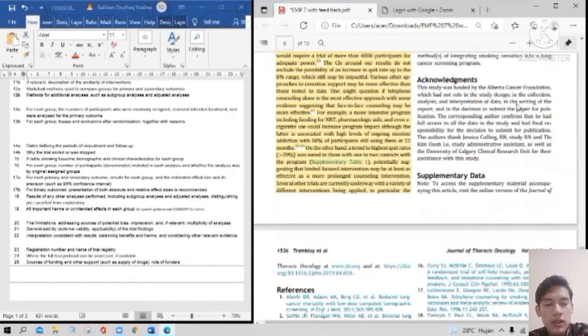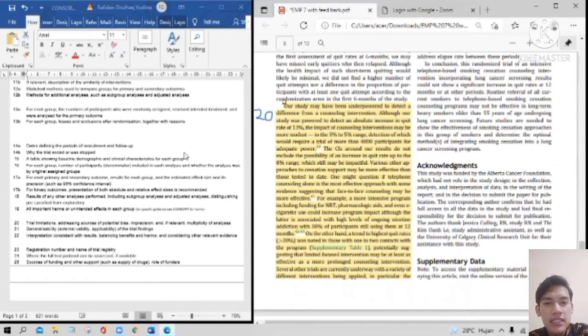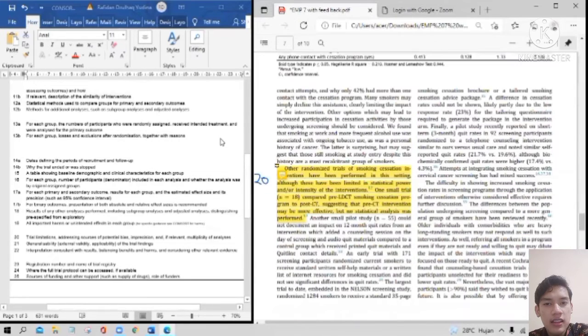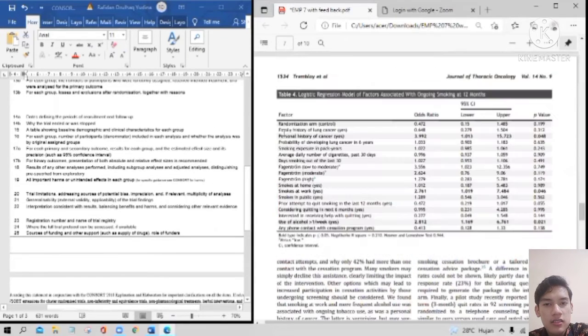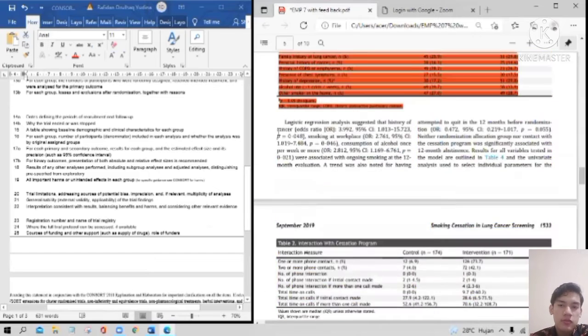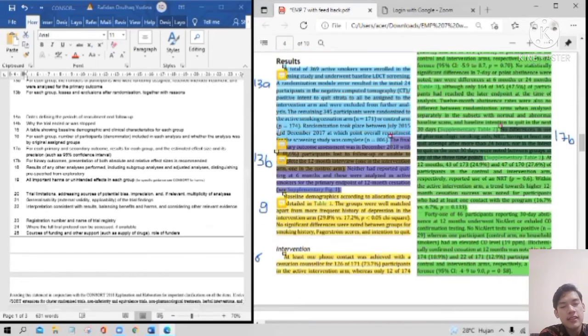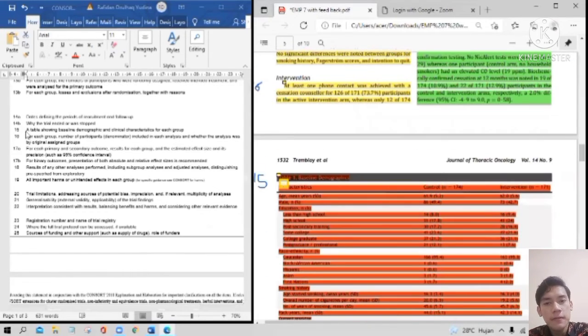And for number 14b, I think it is not reported in this article, so just move to the next checklist. For number 15, a table showing baseline demographic and clinical characteristics for each group.